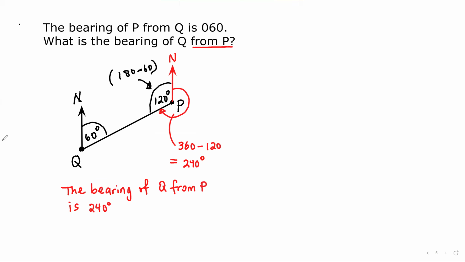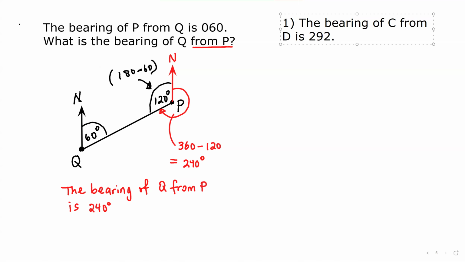Okay, guys, so I want you all to try some for me. I'm going to write them here on the screen, and then you're going to try it. Just copy down the examples so that you have something to follow. The bearing of C from D is 292 degrees. What is the bearing of D from C?